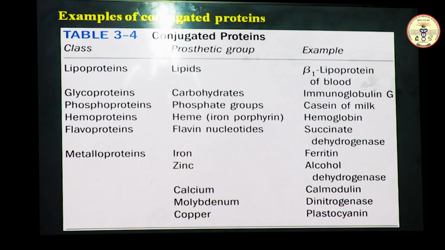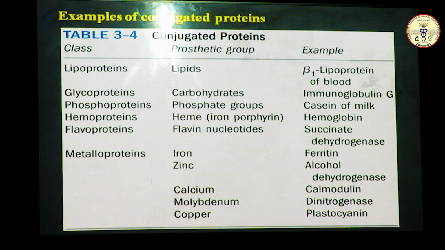Now, here we will study about some examples of conjugated proteins. So, lipoproteins. Here the prosthetic group is the lipid. Example is beta-1 lipoprotein of blood. Glycoproteins, the prosthetic group we know, it's carbohydrate.